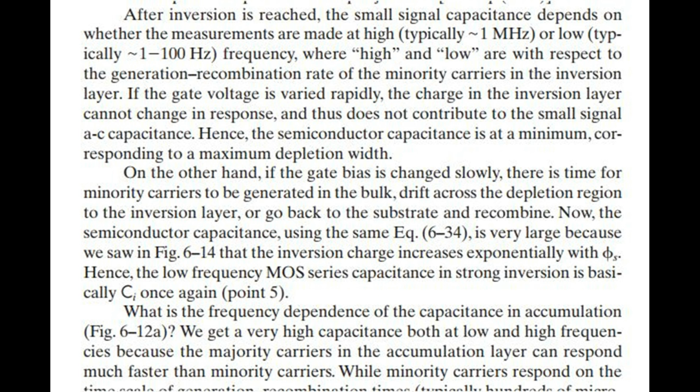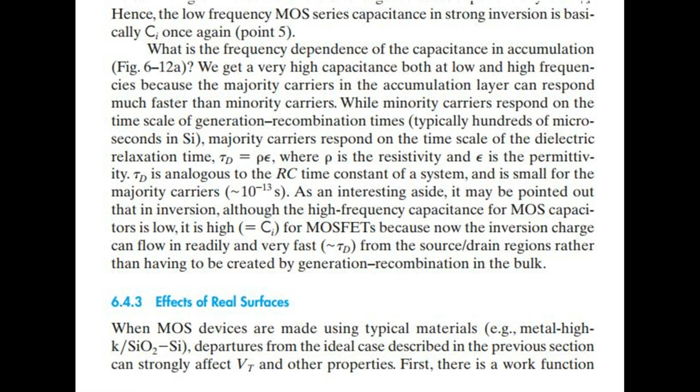While minority carriers respond on the time scale of generation recombination times, typically hundreds of microseconds in Si, majority carriers respond on the time scale of the dielectric relaxation time, τd equal ρε, where ρ is the resistivity and ε is the permittivity. τd is analogous to the RC time constant of a system, and is small for the majority carriers, about 0.0001 nanoseconds.